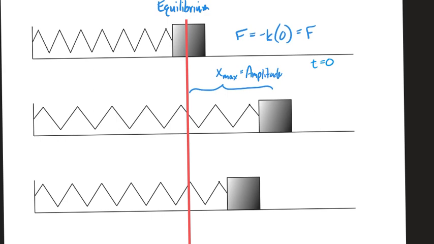At t equals 0, when you first let it go, the velocity of your system is 0. And at this moment, your force is at a maximum, because x is at a maximum. So you experience maximum force at time equals 0.